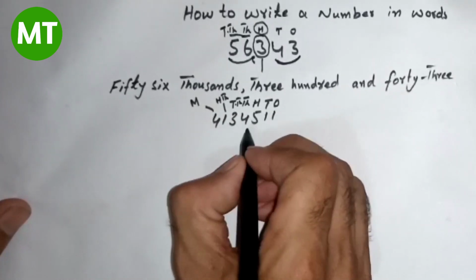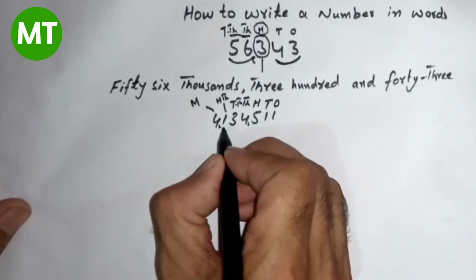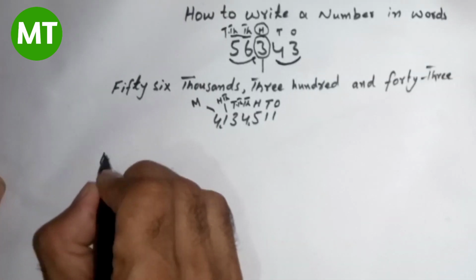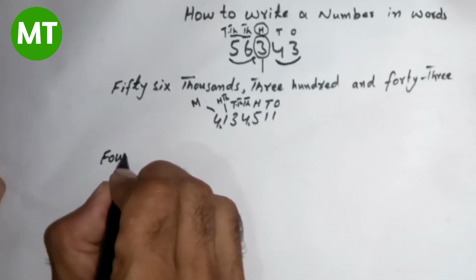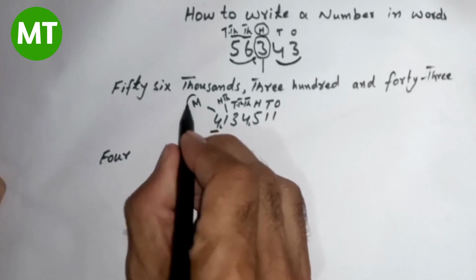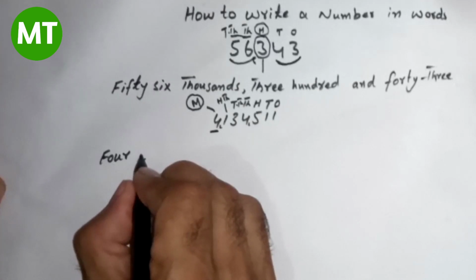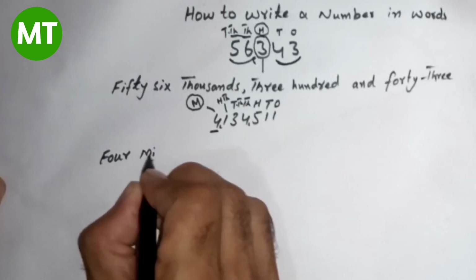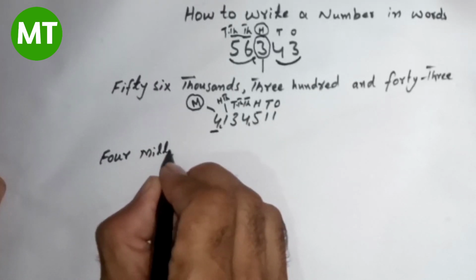So we will start from the left side. So now we will first write 4 because it is the highest place value and its place value position is million. So then we will write the spelling of million.